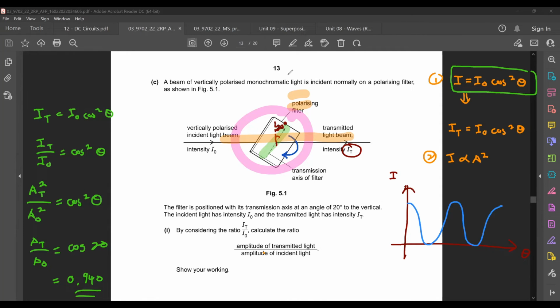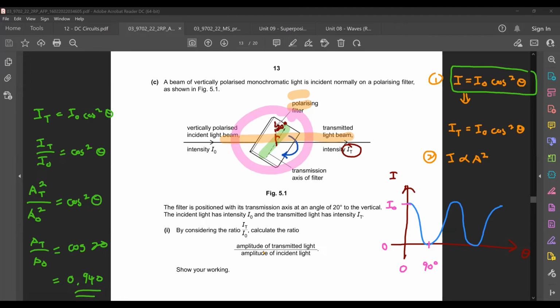All right, this one here would be I naught, if your transmission axis is at an angle of 0 degrees, but right now you are at an angle of 20 degrees. This one here would be 90 degrees. Okay, this one here would be at an angle of 90 degrees to give you 0.